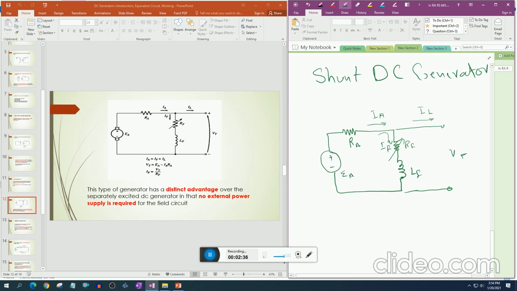So this is the equivalent circuit of the shunt DC generator, in which this winding is directly connected to the V terminal, as can be seen from this figure. And this is its advantage, that we need no external power source, as we need in the separately excited DC generator.